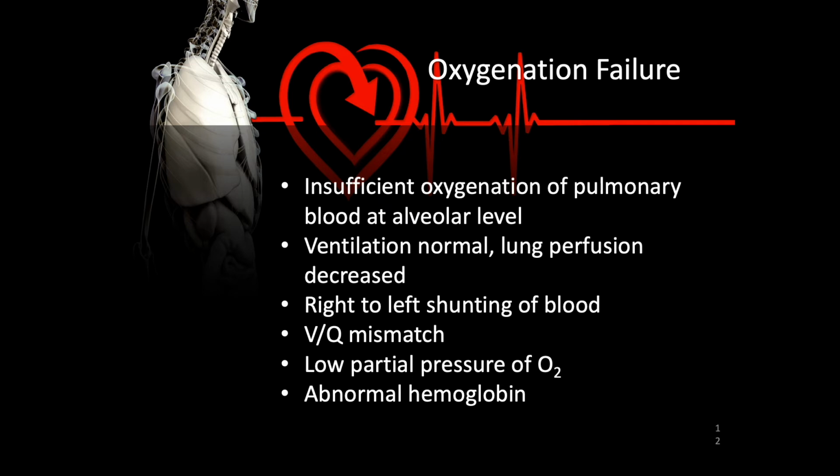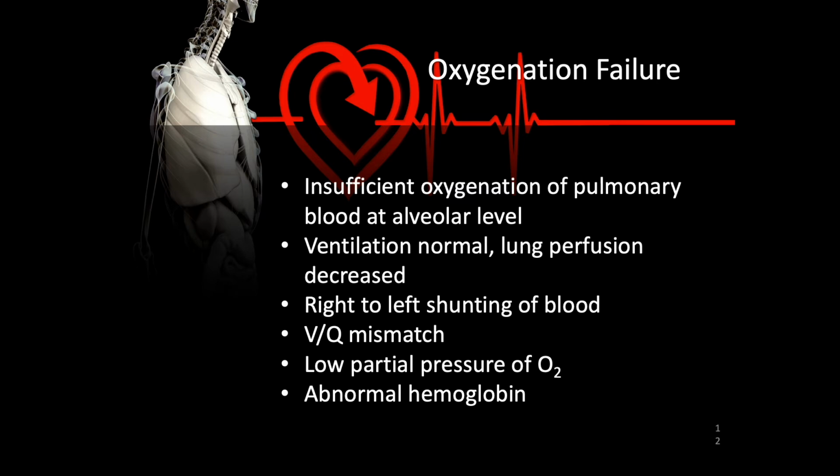This leads to your VQ mismatch and low partial pressure of oxygen dissolved in the blood. As a compensatory mechanism, especially with chronic respiratory failure, you will probably see an abnormal hemoglobin as the body tries to compensate by increasing the amount of hemoglobin for the low PaO2.